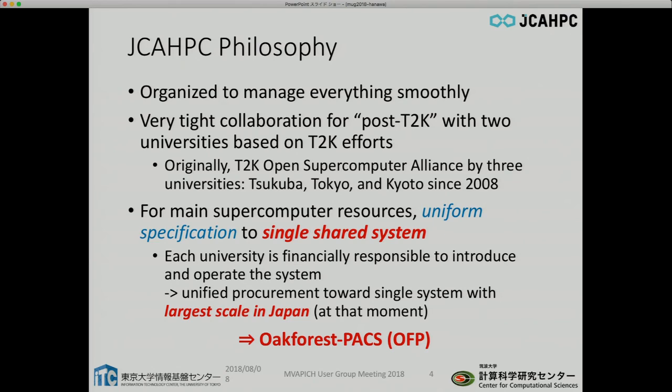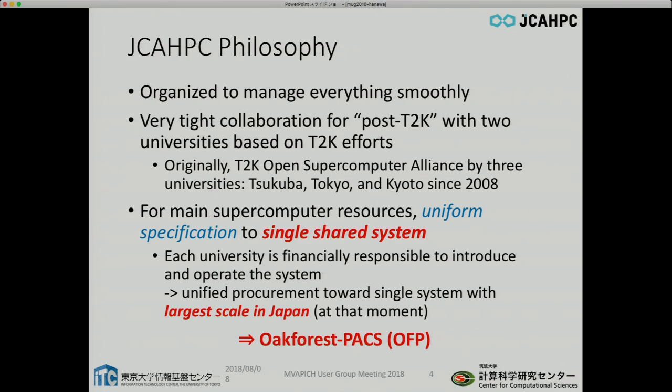This organization is, as I mentioned, for the main supercomputer resources for our universities. We would like to issue a uniform specification to acquire a single shared system.